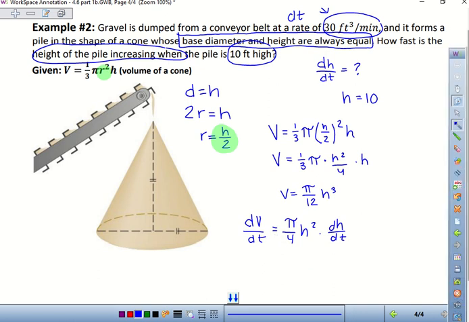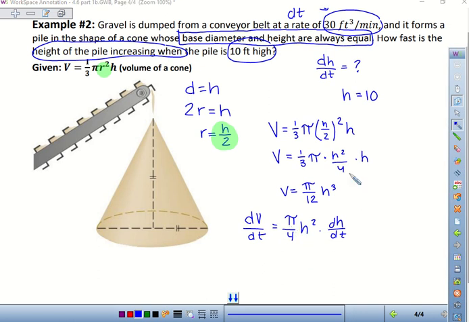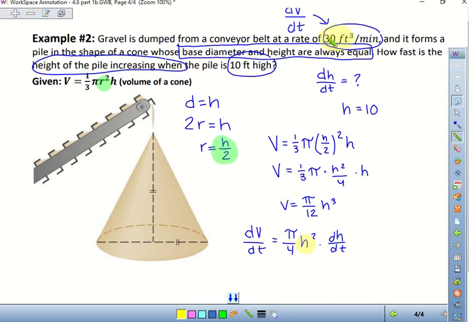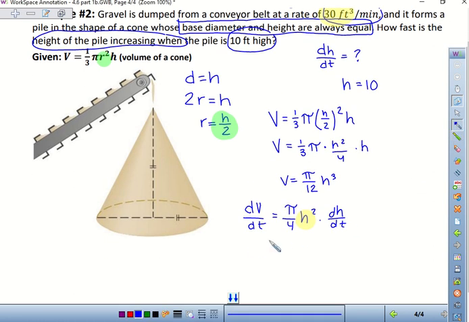So we get here, and now we're ready to plug in what we know. We know h is 10, and we also know something else. We know what dV/dt is, correct? So we can plug in for those two items. I'm not going to use any units.